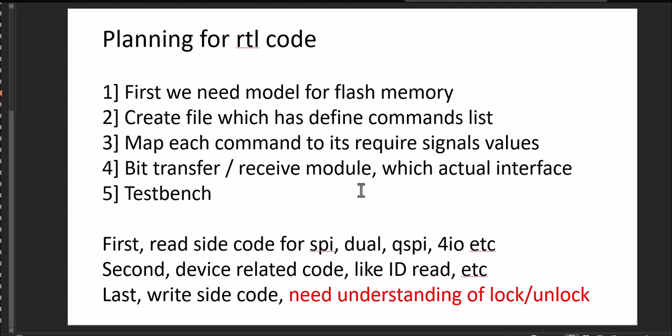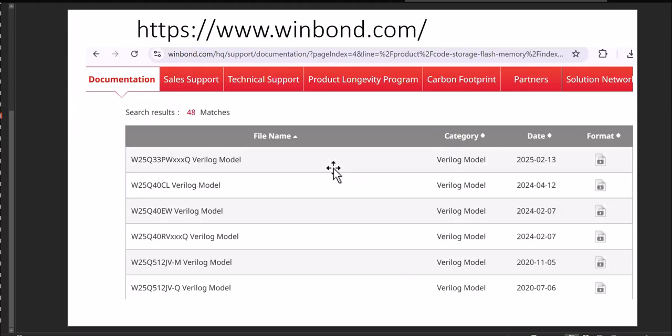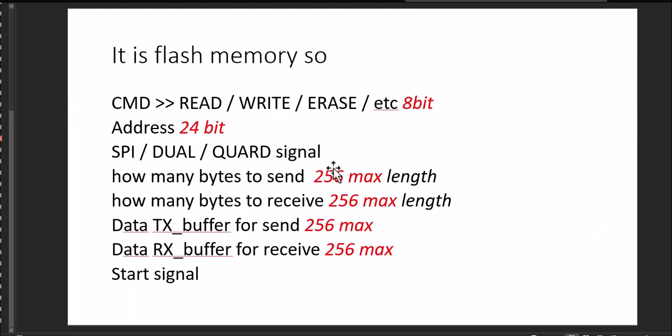This is the website details from where you can get the Verilog model. Obviously it is a flash memory, so there will be some commands for read, write, erase, and it is an 8-bit command. The address is 24 bits. There are some definitions for these, because this kind of flash controller has SPI, dual and quad operation modes.